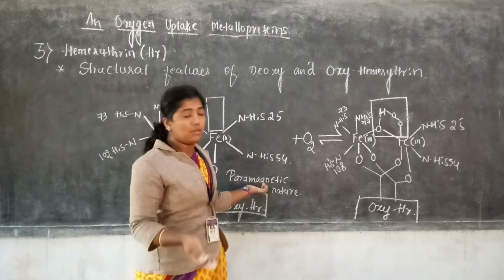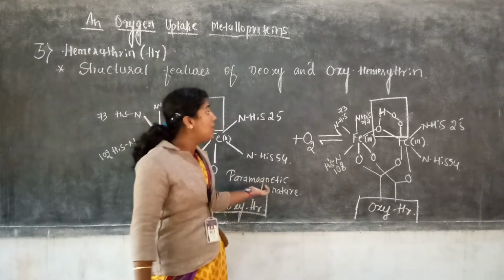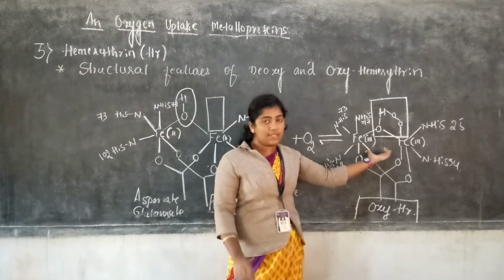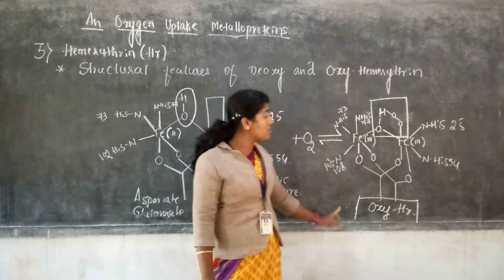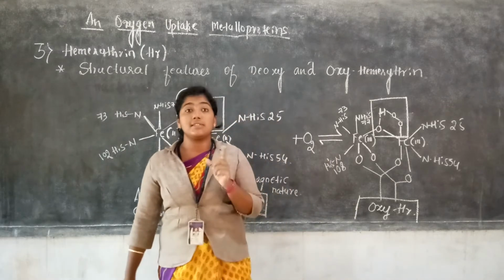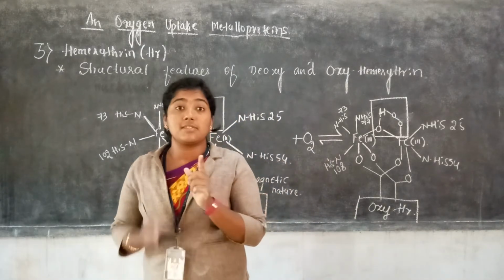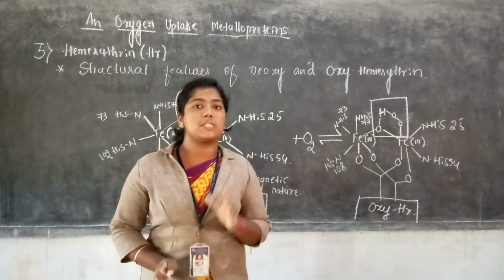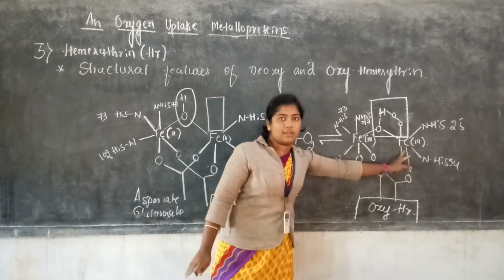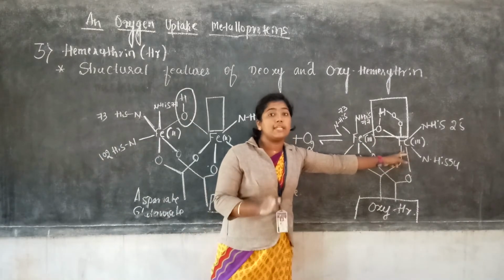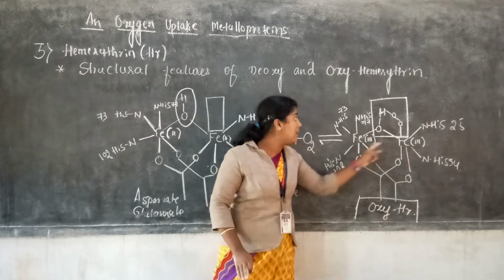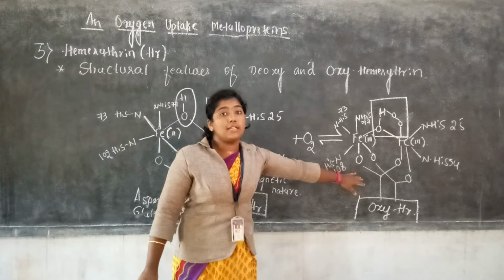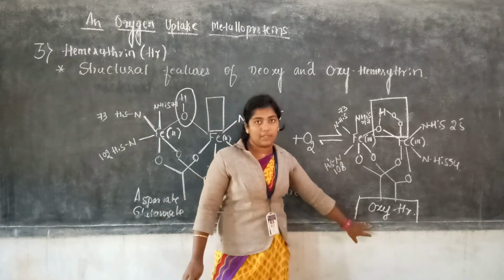But in the oxy form of hemerythrin, there is also the presence of unpaired electrons in both iron centers. But here in the oxy form of hemerythrin, an anti-ferromagnetic coupling interaction takes place between the two iron centers. Then it adopts the diamagnetic nature of oxyhemerythrin.